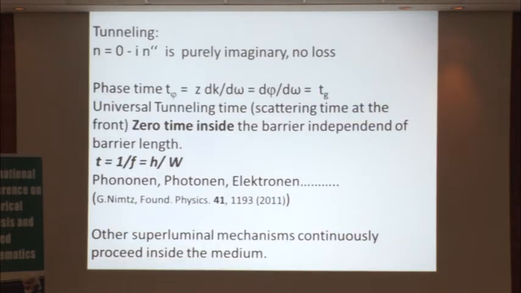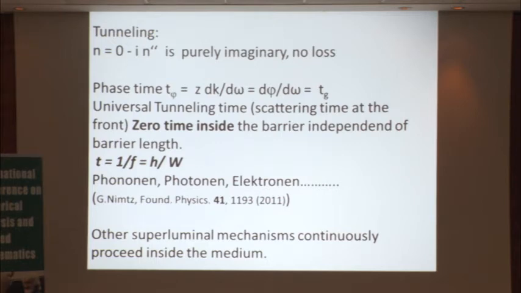Now I come to the summing up. And I concentrate on tunneling now because we will show you this later. In tunneling, the refractive index is purely imaginary, whereas in the classical processes, the imaginary part describes the losses, the damping.